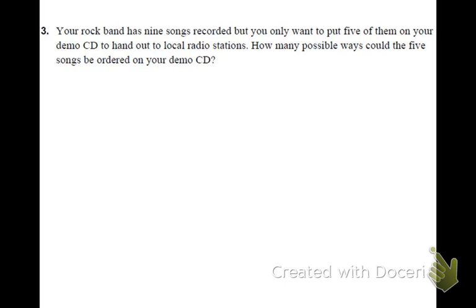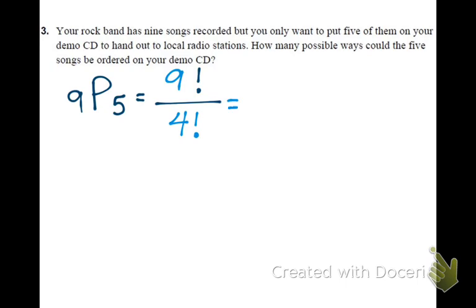So, how many total are we choosing from? 9. And then how many spots are there? How many places on the CD? 5. So, what are we going to put in the top? 9. And in the bottom? 9 minus 5, which is 4 factorial.